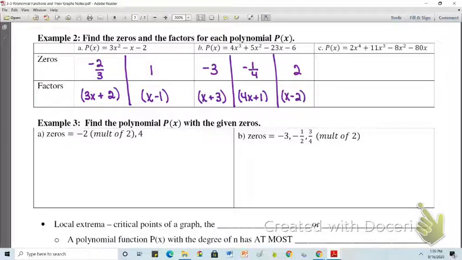Last one to look at is the C. This has 4 zeros. So when I look at my graph, you'll notice that I have negative 4, but it hits it twice. I have a multiplicity of 2.